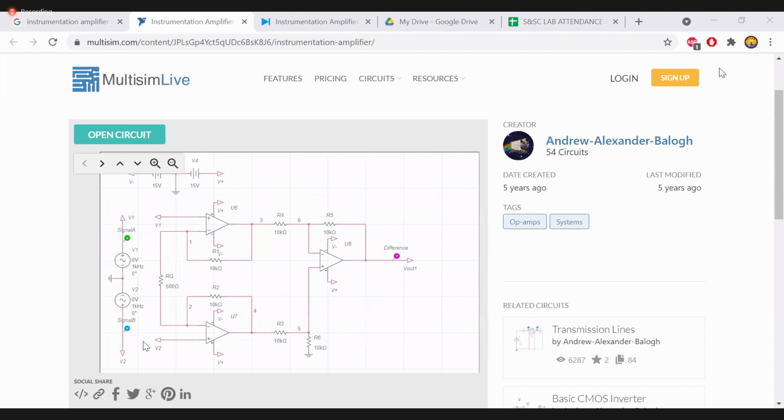V1 is first input, V2 is second input, and they are amplified here at the first and second operational amplifiers, and the amplified output will be input to the third operational amplifier. The third operational amplifier is working as a differential amplifier. That means it will receive two inputs, subtract one from another, and amplify the difference of the two inputs.